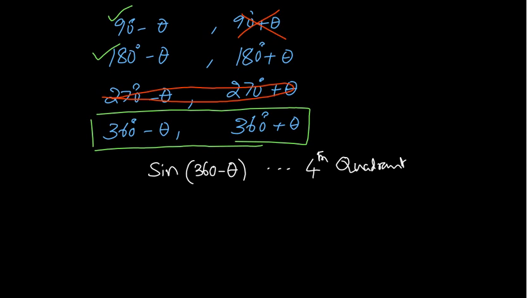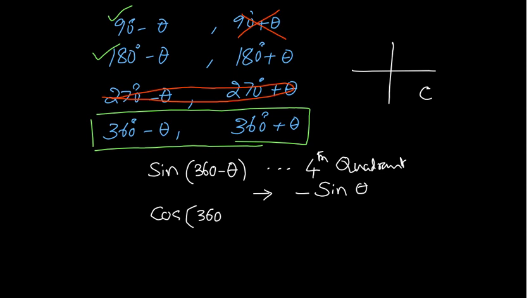Sin 360 minus theta: in the fourth quadrant, only cos and secant are positive. All others are negative. That's why minus sin. If I have cos 360 minus theta, cos is positive, therefore you have plus cos.